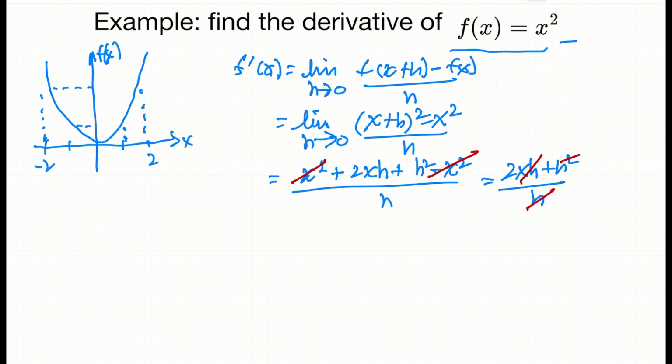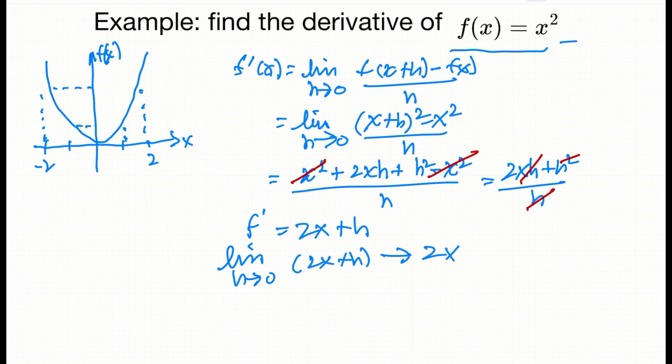So what we're going to be left with is that f prime, the derivative, is 2x plus h. So in the limit as h goes to 0, 2x plus h is just going to go to 2x.